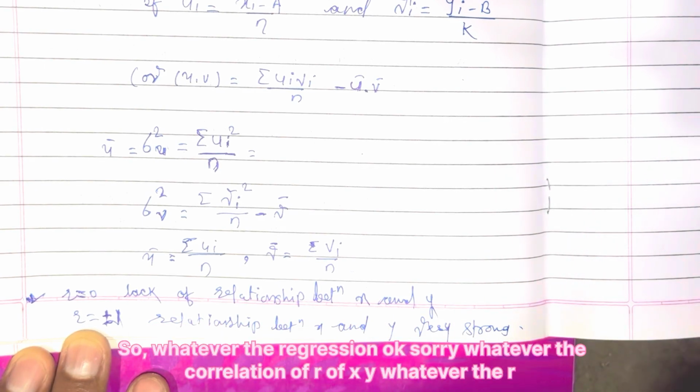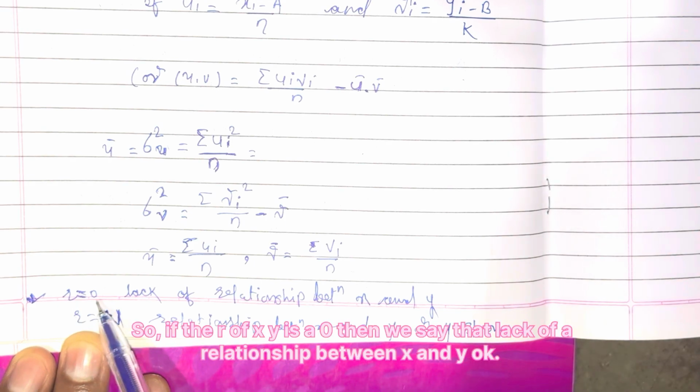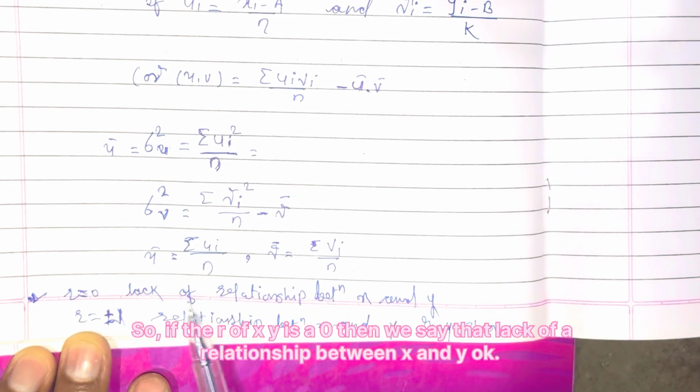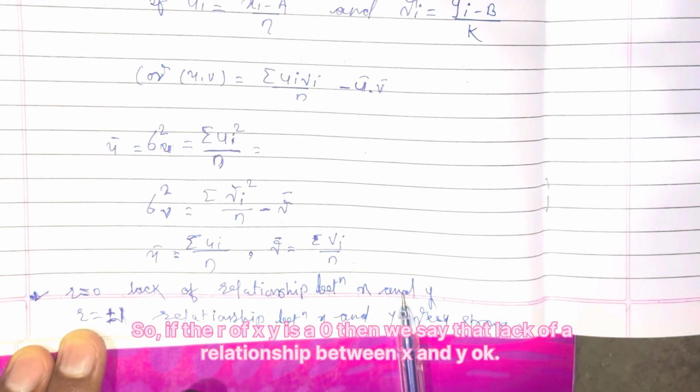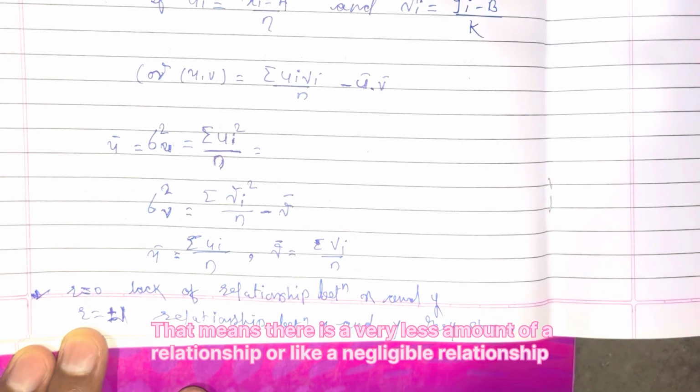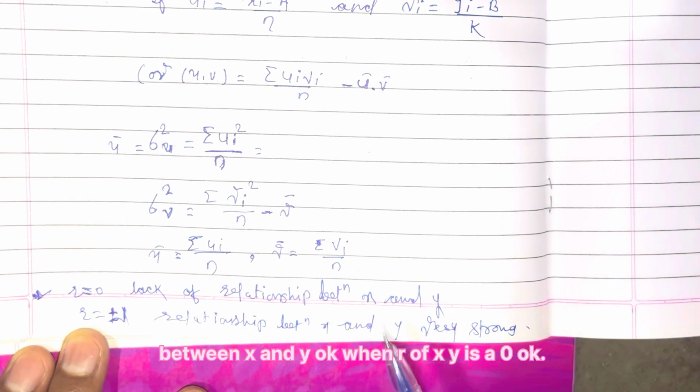Now, after this method of step deviation or the previous Pearson method, whatever correlation r of xy you find at the end of the example, if r of xy is 0, then we say there is a lack of relationship between x and y, that is, a negligible relationship between x and y.